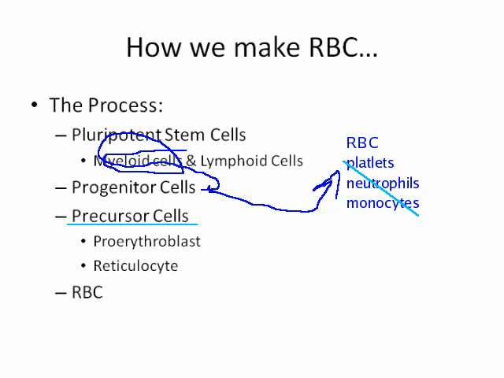Towards the end of the process of the proerythroblast creating hemoglobin, the precursor cells begin to lose their nucleus.